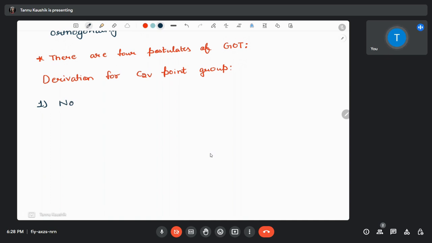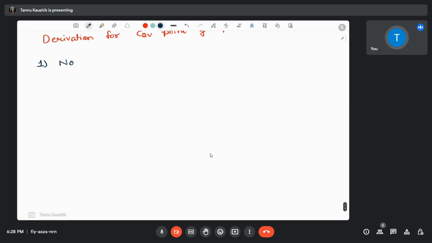So the first postulate is: the number of irreducible representations for a group will be equal to the number of classes in the group. So the number of irreducible representations that can be found in a group will always be equal to the number of classes in the group.